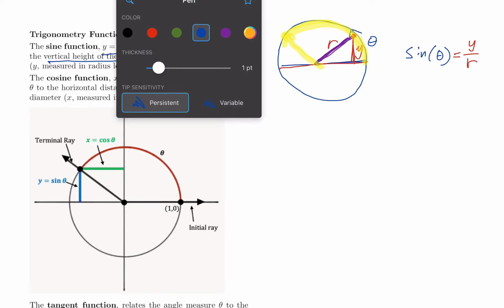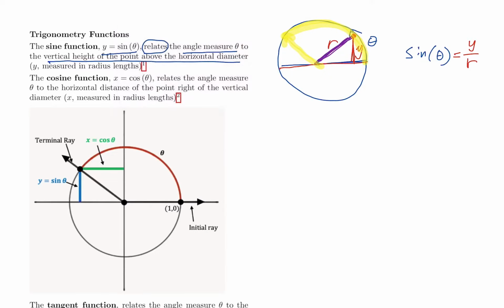So if I want to measure sine of this theta, it will be, again, here's the horizontal diameter of the circle. It will measure vertical distance to the terminal ray. And this distance divided by radius length. So let's call this maybe t. This height is t. Then t divided by radius length.